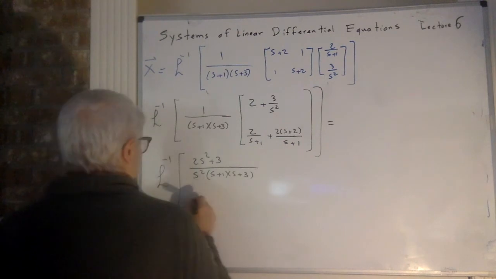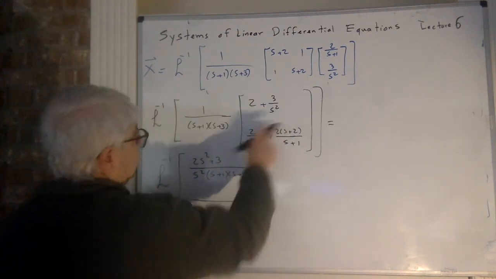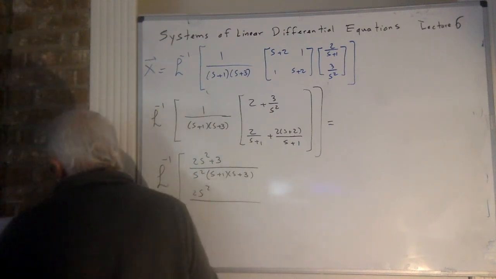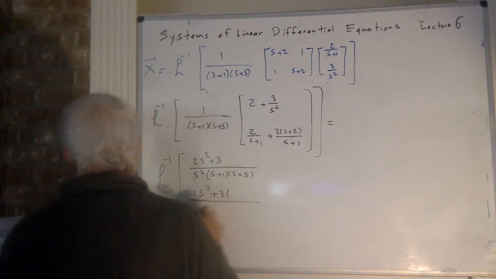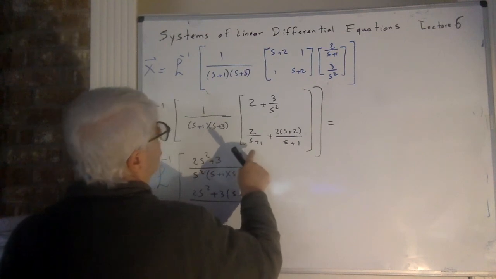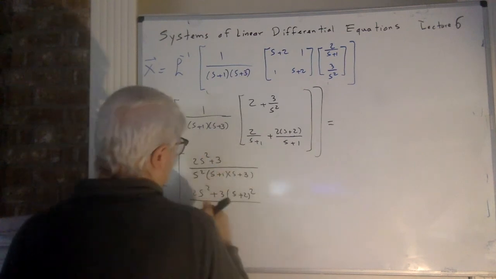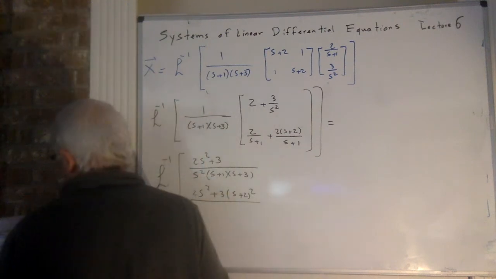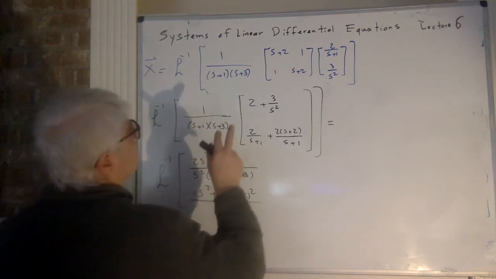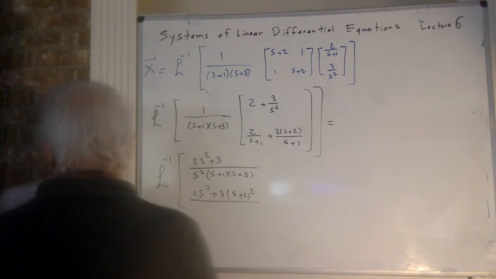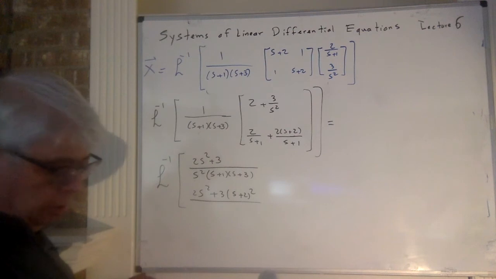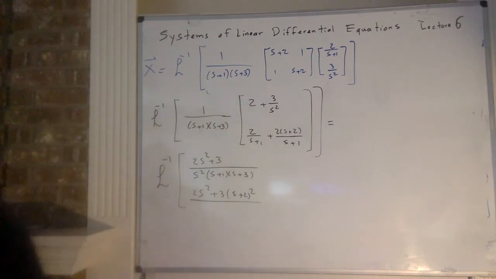And the second one will be, you see this is s squared, so on top I have s squared, 2s squared, and plus 3 times s plus 2 squared, you say, was it? That's e to the power. Why do I have e to the power? Minus t. I can remember that was e to the power minus t.